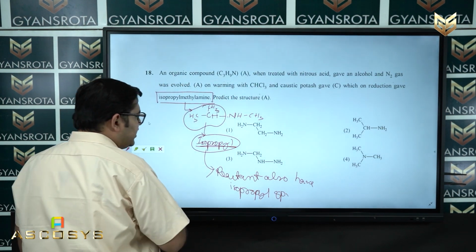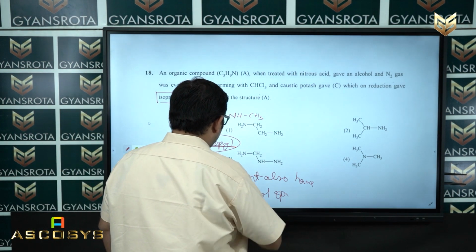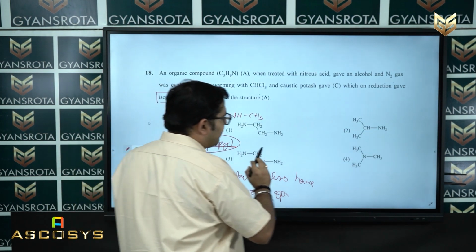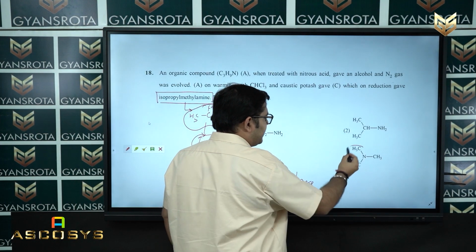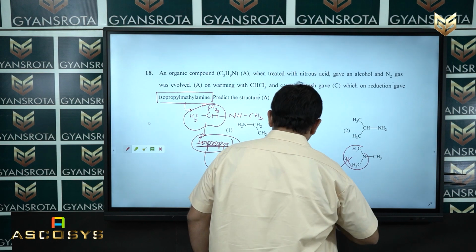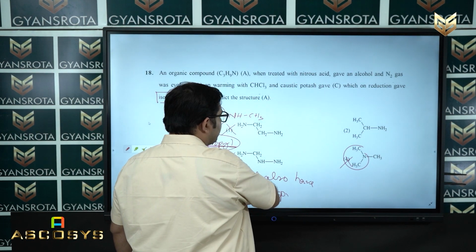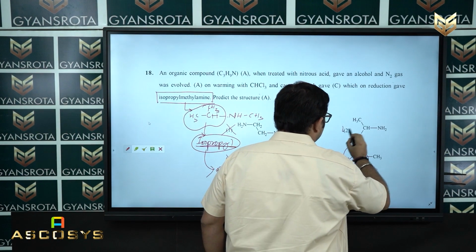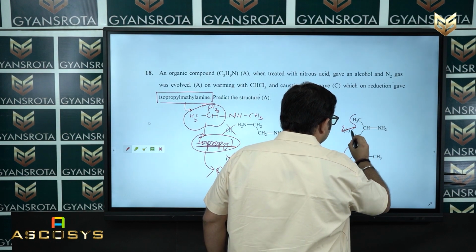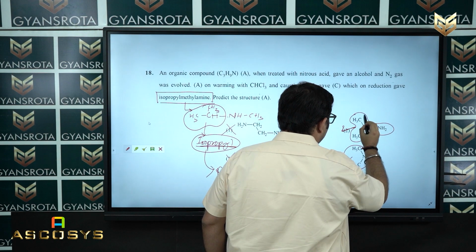Now, if you see in your options where you are finding this isopropyl group, see this is not an isopropyl group, this is not an isopropyl group, here also not an isopropyl group, only one option, that is option number 2, has this isopropyl group, this part.